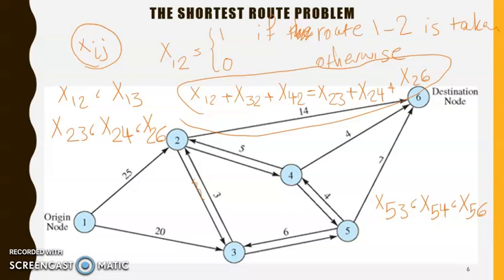Okay, so x12 + x32 + x42 equals x23 + x24 + x26. In this situation, we are assured that the answers that the computer is giving us based on the mathematical model guarantee that inflow and outflow on every transshipment node are equal.